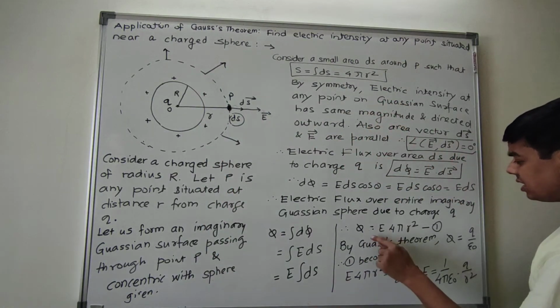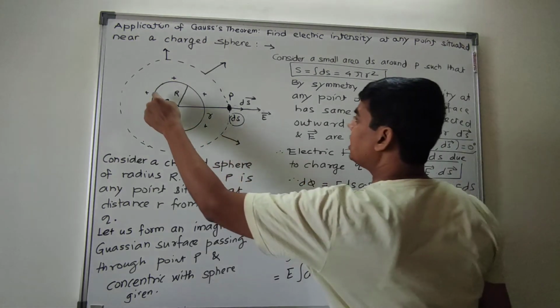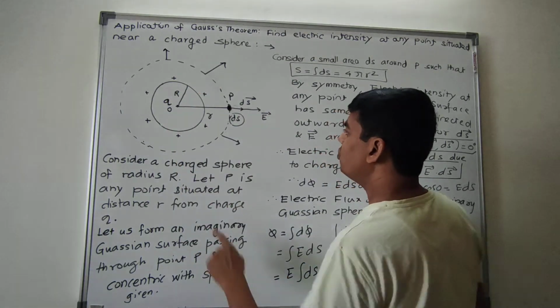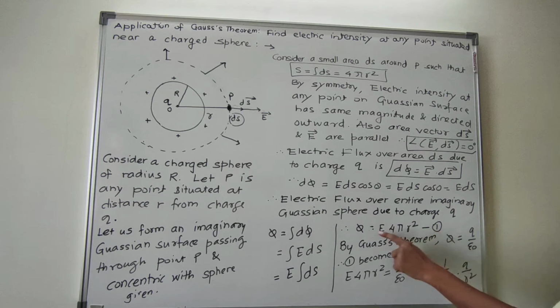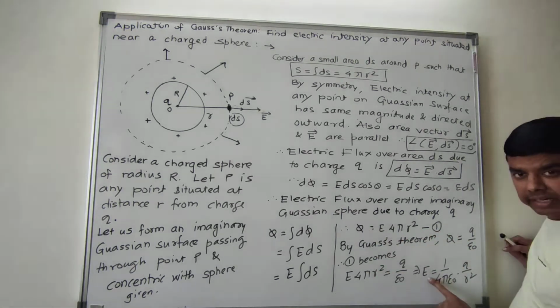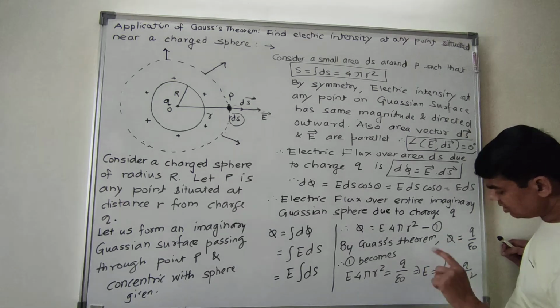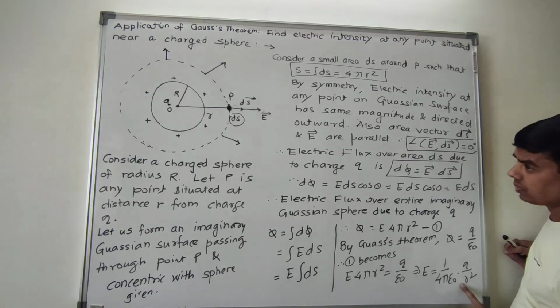By Gauss's theorem, the total electric flux coming out from this charged area will be total charge divided by permittivity. So substituting the value of phi here, we get the electric intensity at any point situated near a charged sphere as E equals 1 upon 4 pi epsilon 0 into q upon r square.